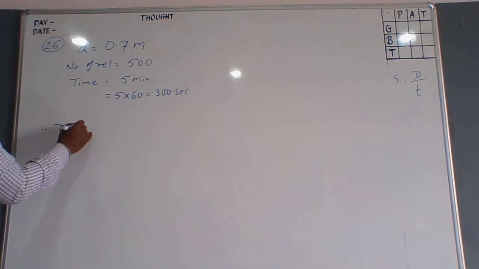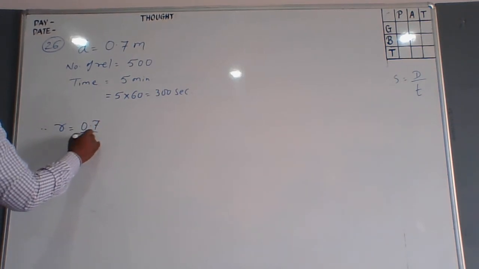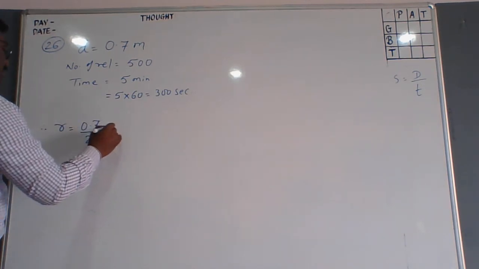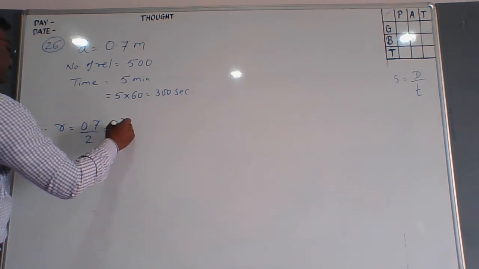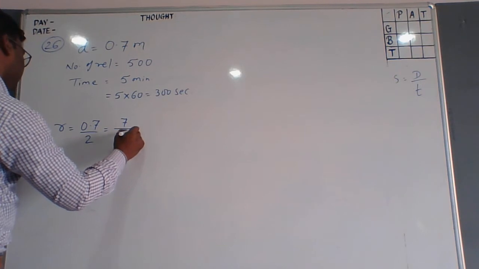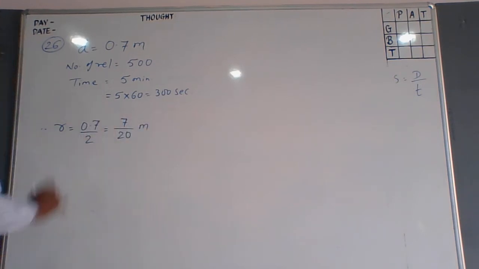Let us find out the radius. 7 upon 20 meter will be the radius.